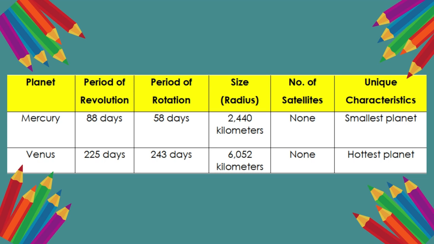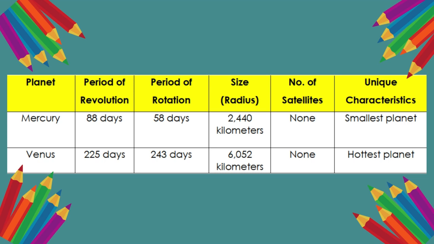On the third column of the table, you will write the period of rotation. The period of rotation of Mercury is 58 days. The period of rotation of Venus is 243 days. On the fourth column, you will write the size or the radius. The size or the radius of Mercury is 2,440 kilometers.